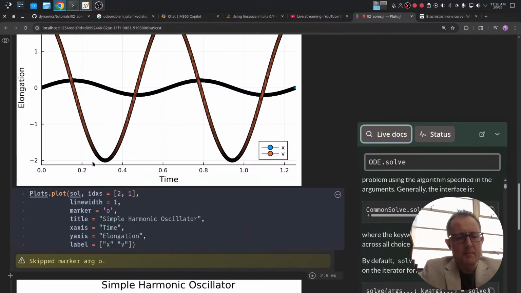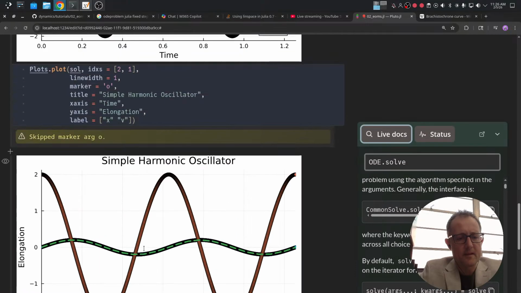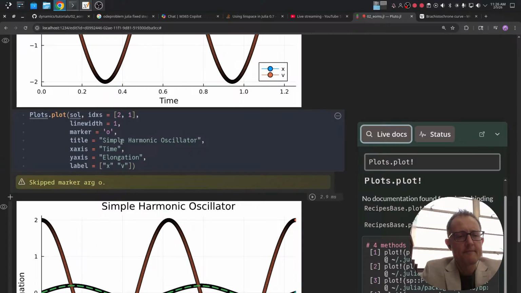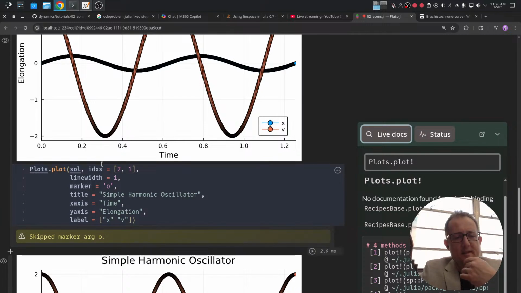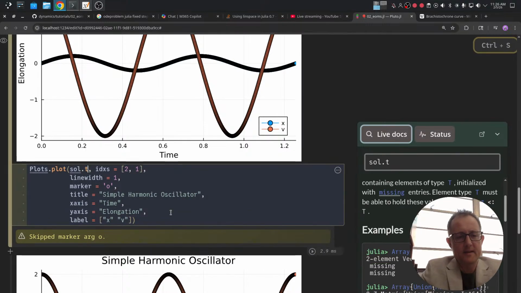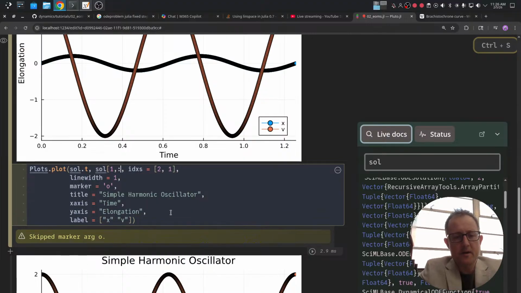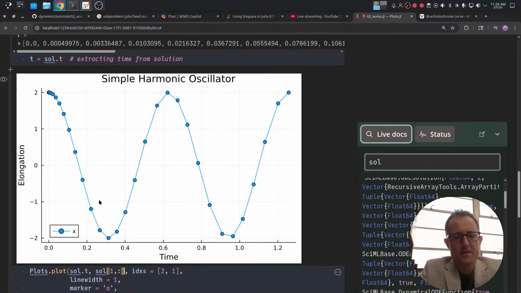And here it's showing me both x and v, position and velocity, versus the analytical solution of that position. Do I want to keep adding to it? I feel like I just want to do sol.u of 1 colon, since we're just looking at the positions anyway.